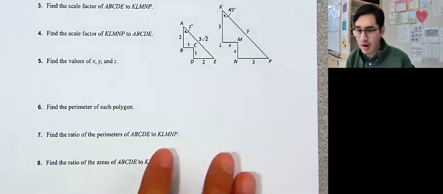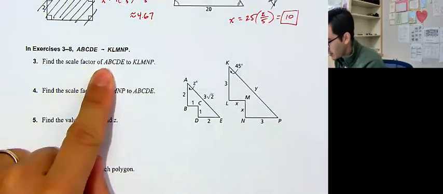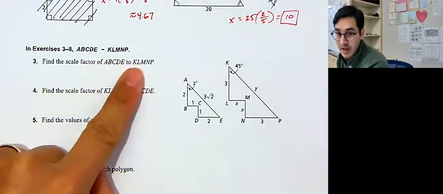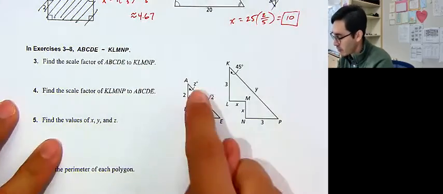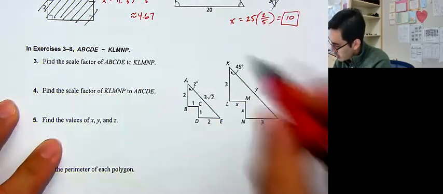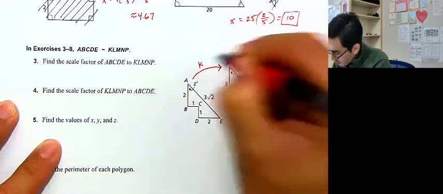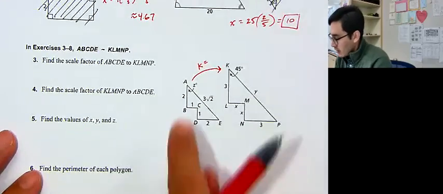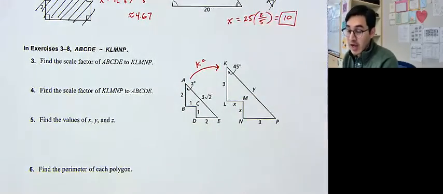Okay, so let's first look at the scale factors. Let's do the scale factor from the ABCDE figure to the KLMNP figure. So that's going from small to large. To get the scale factor going from the small figure to the large figure, we have to find a pair of corresponding measurements.